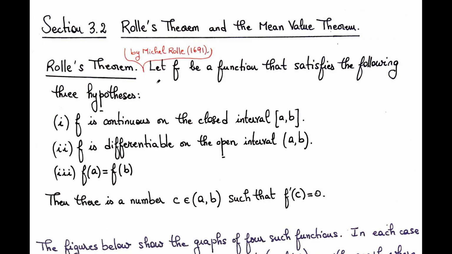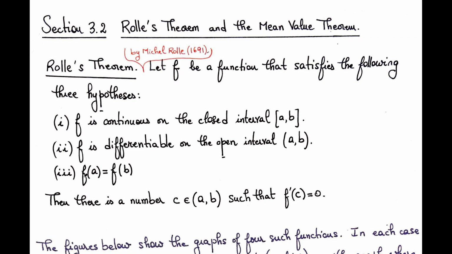Here are the details. Given a function that satisfies the following three hypotheses. The first one, f being a continuous function on the closed and bounded interval [a, b]. Second, f being differentiable on the open interval (a, b).